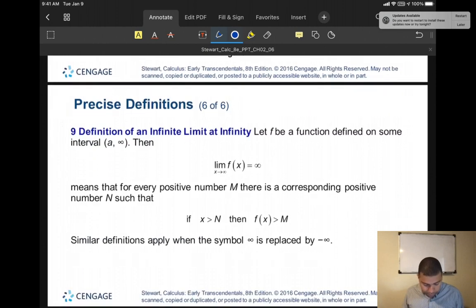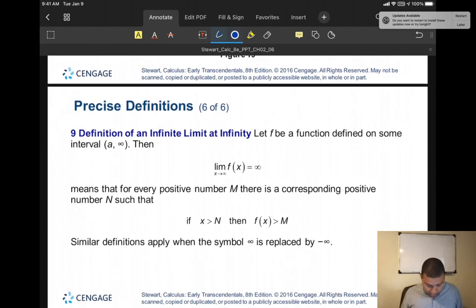So that's what's going on. And they're going to give you a precise definition. I guess it's a good idea just to read this to understand what's going on, but I'm not going to ask you about this too much. The idea is, for every positive number m that you choose, there's a corresponding positive number n, such that when x is bigger than n, you can make f of x greater than m. Okay? And you can make similar definitions for the other ones.